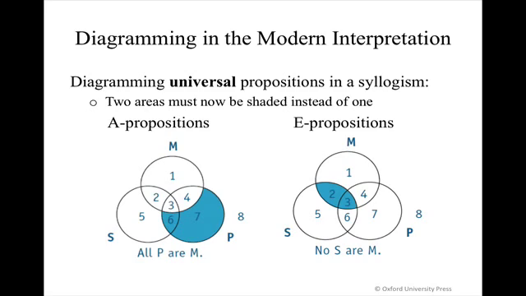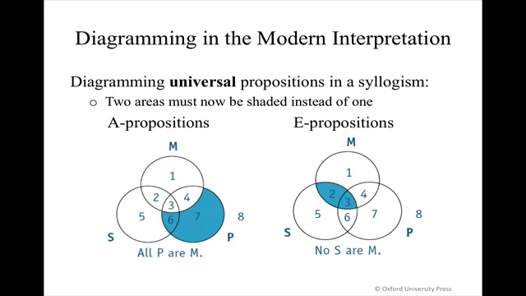All right, when we diagram our universal propositions in a syllogism, we know that we diagram by way of shading, and we do not assume that there is a member of the relevant subject class.